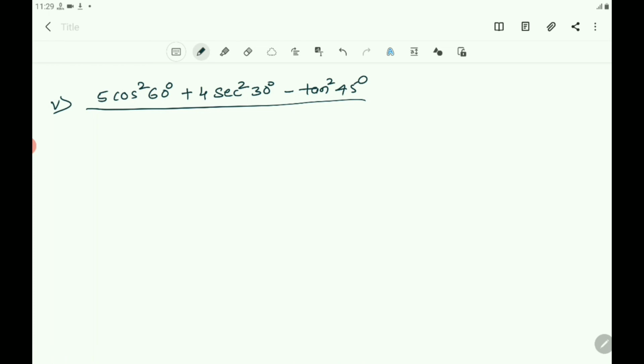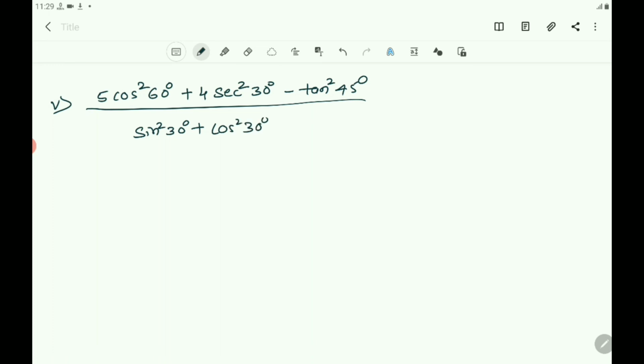Fifth question is 5 cos square 60 degree plus 4 sec square 30 degree minus tan square 45 degree, divided by sin square 30 degree plus cos square 30 degree.